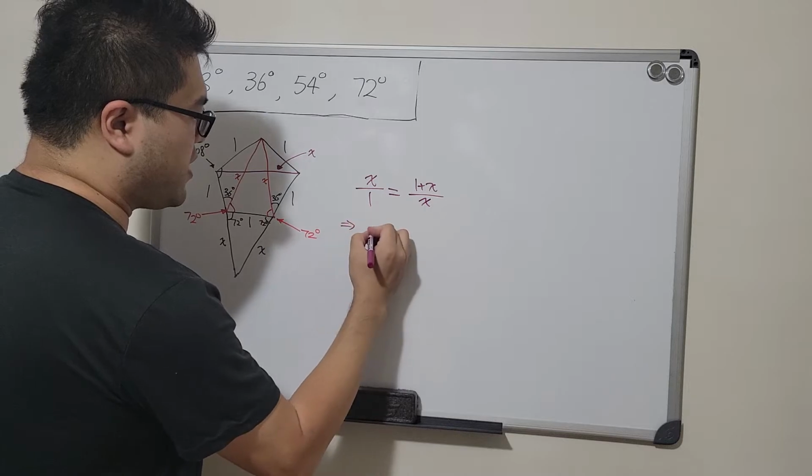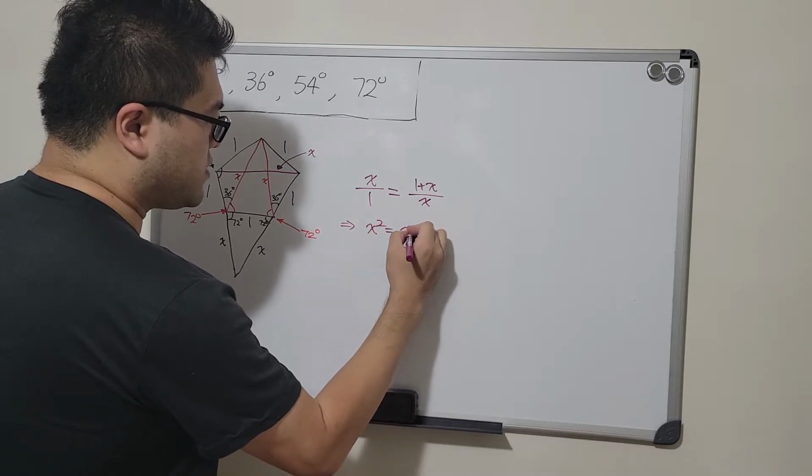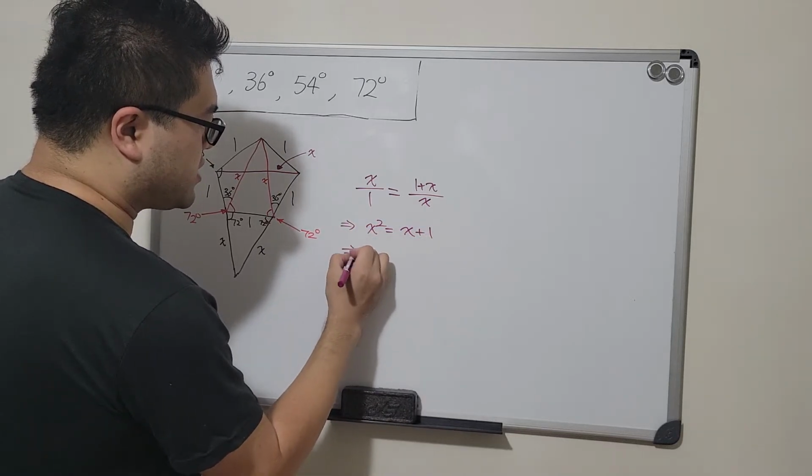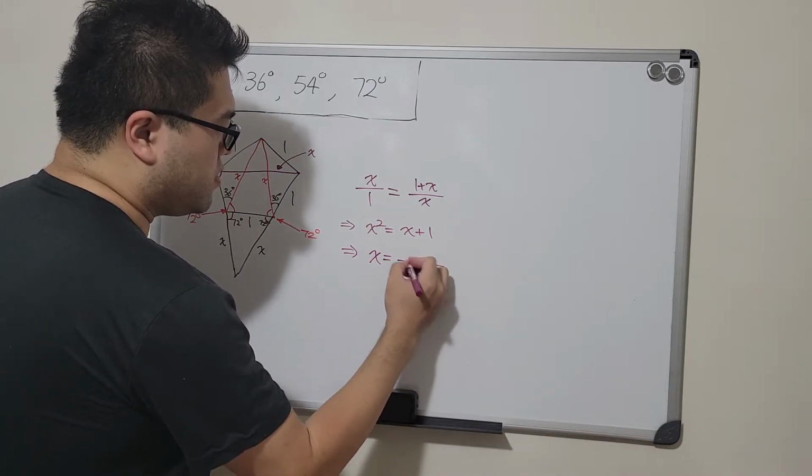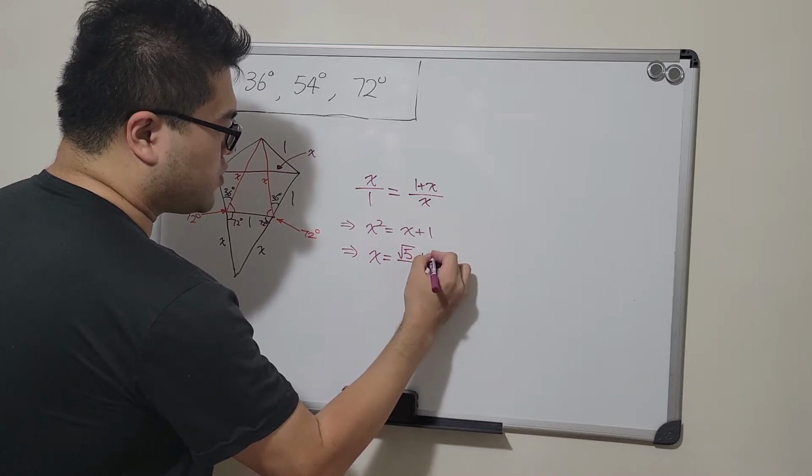And if we simplify it, we get x squared equals x plus 1, which is the golden ratio. x equals square root of 5 plus 1 over 2.